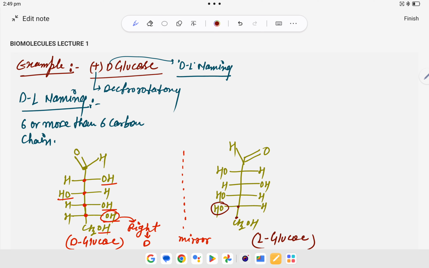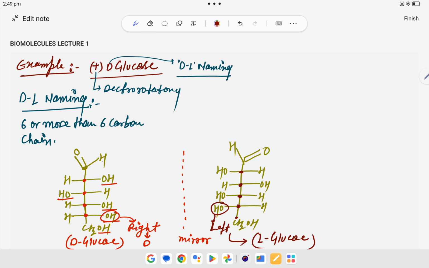It is on the left side. If in the second last carbon OH is on the left side, then it is L. Chiral carbon 1, 2, 3, 4. So this is about the DL.